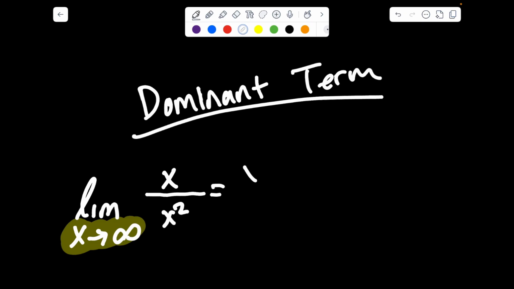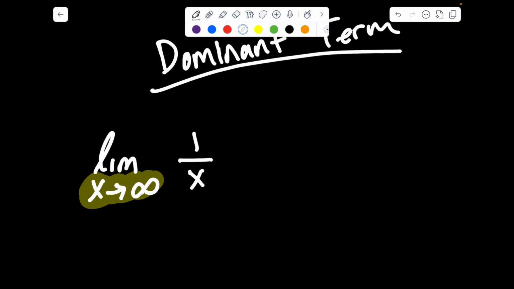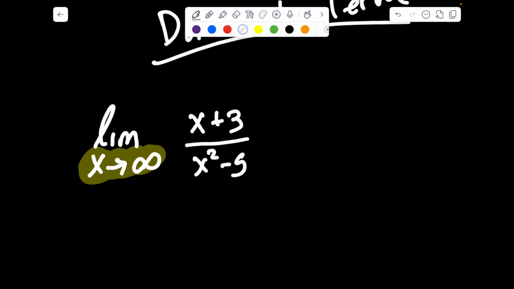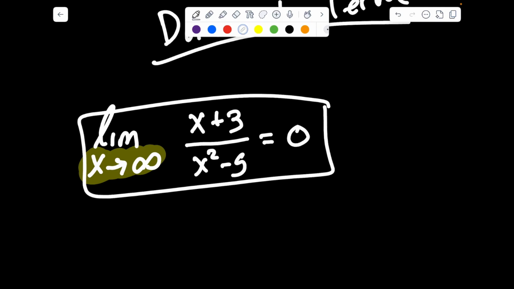So in this case, we're going to have x over x times x. We can cancel out an x in the top and the bottom, giving us 1 over x. Using the same logic like we did before, the limit as x goes to infinity of 1 over x is going to give us 0. So our original limit, because the dominant term is in the bottom, will also equal 0.